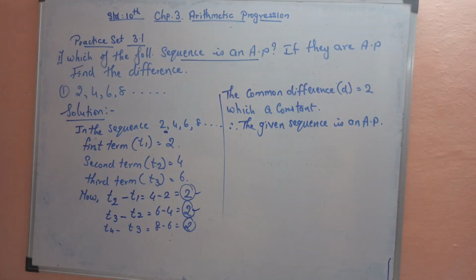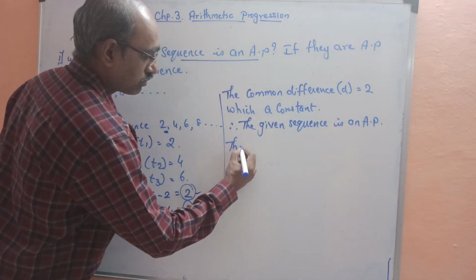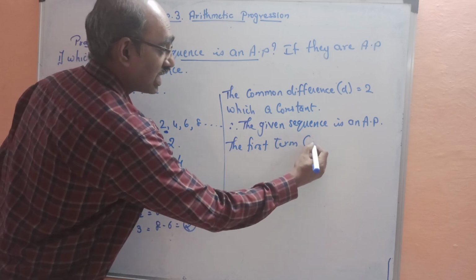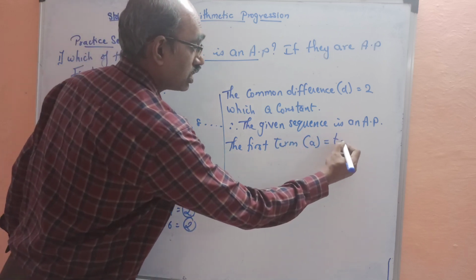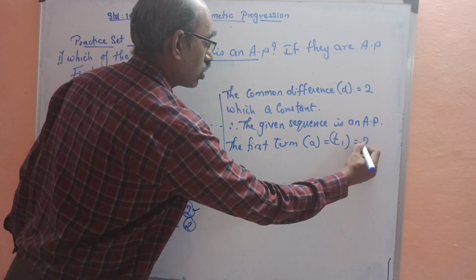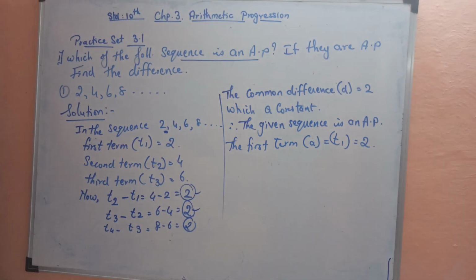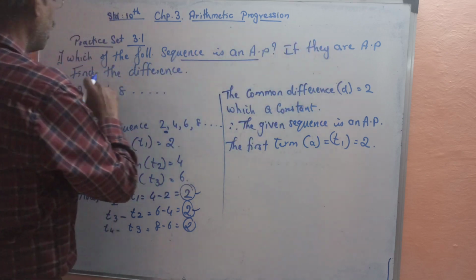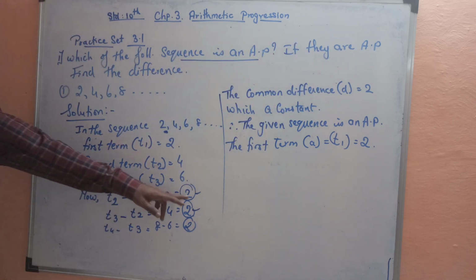So from this, what have we concluded? The first term, we can call it A, which is equal to T1, equal to 2. Therefore, the first term is this, and the common difference. They have told, if they are AP, find the difference. So we have already found the difference.